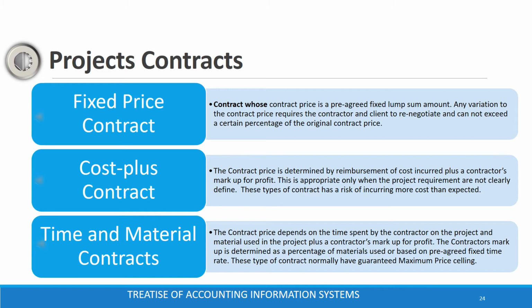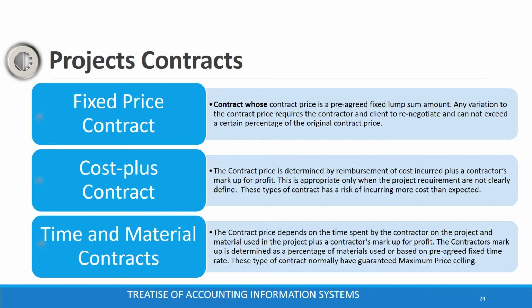In cost plus contract, the contract price is determined by reimbursement of costs incurred plus the contractor's markup for profit. This is appropriate only when the project requirements are not clearly defined. This type of contract has a risk of incurring more cost than expected.